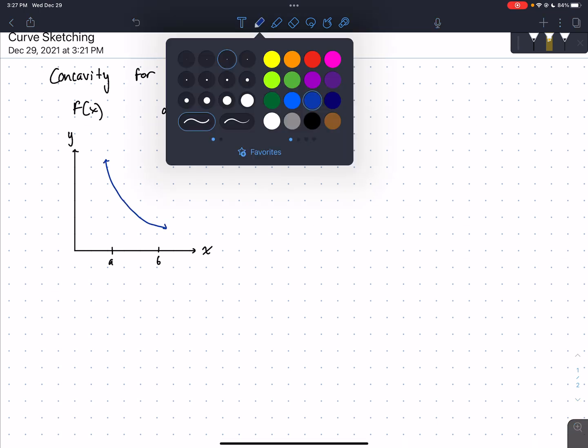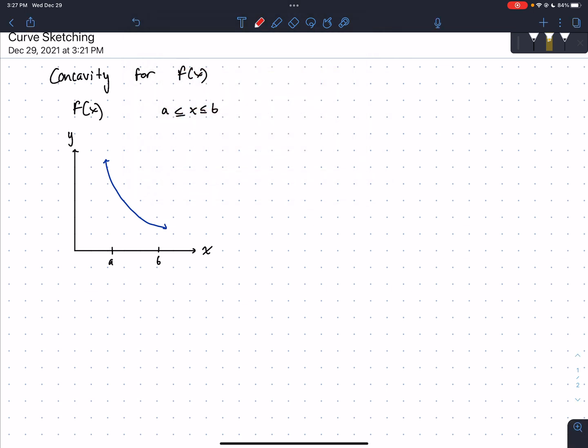We have increasing concavity. So how do I know that? The reason I would know is if I were to put tangent lines over the graph, let's say over here, and over here, then we know that it's increasing.